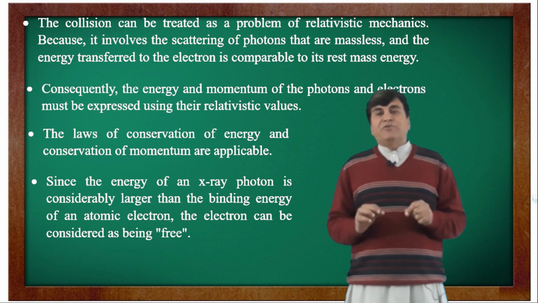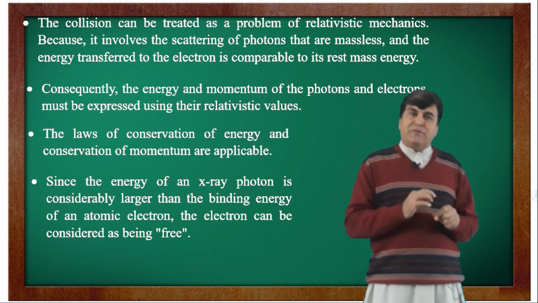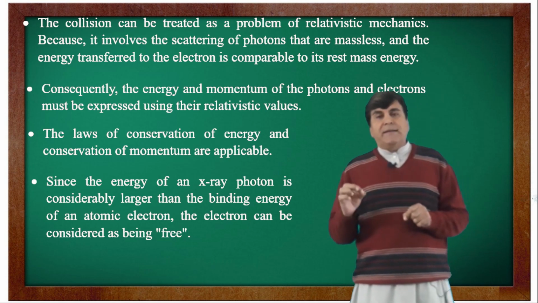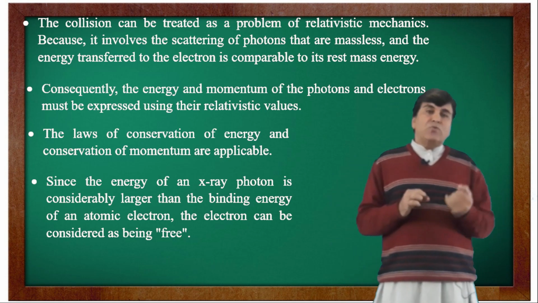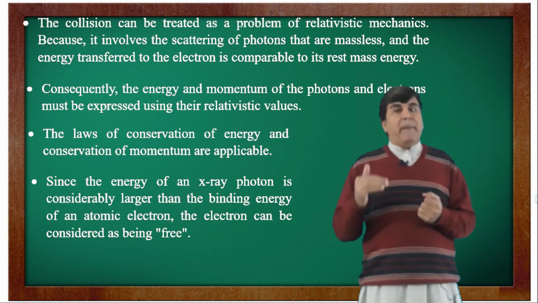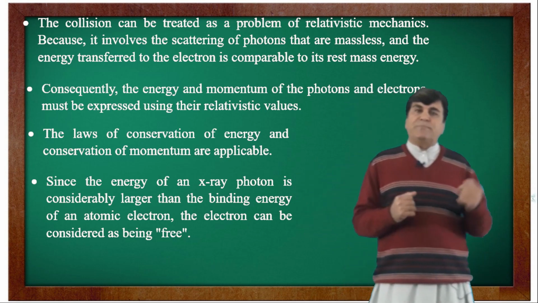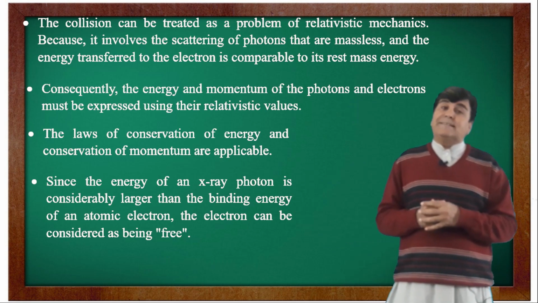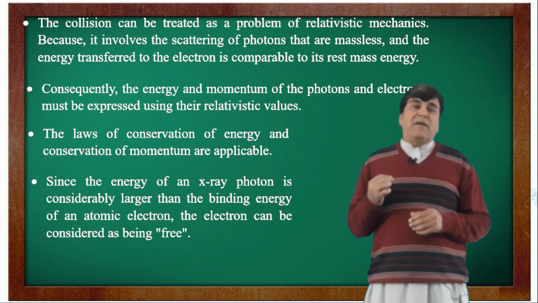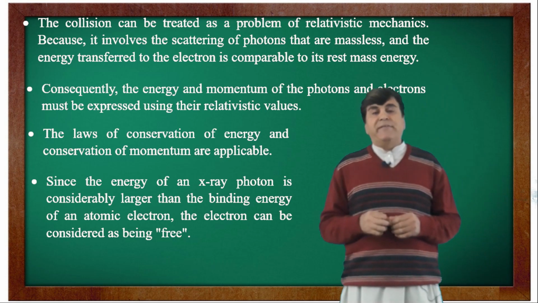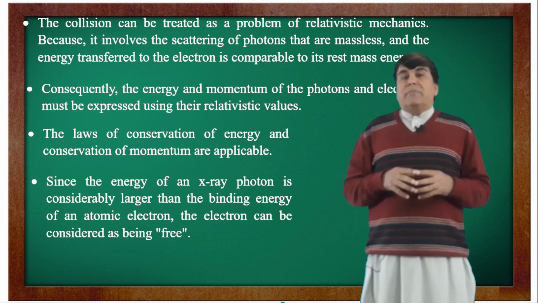Based on these assumptions, Compton was able to derive a theoretical result exactly agreeing with what he observed in his experiment. Let's go through the calculation how he made this theoretical model successful to explain his experimental data. So let us first derive a relation for the momentum of photon in the context of relativity in Einstein's photon theory.